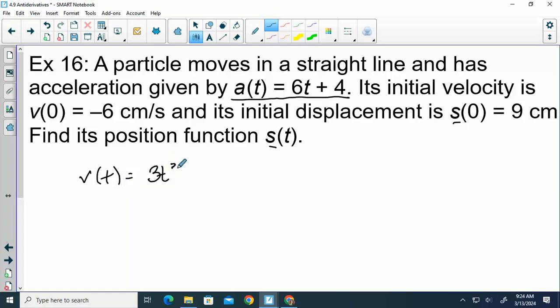3t squared plus 4t plus a constant. But when t is 0, we get -6, so what's our constant?